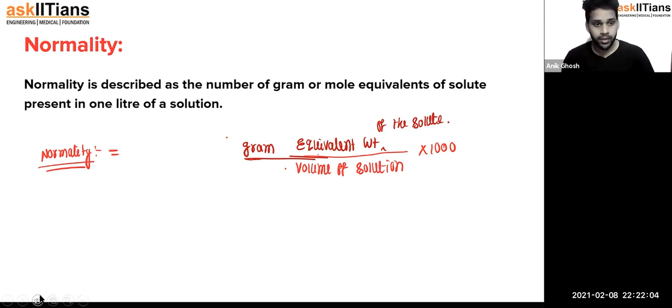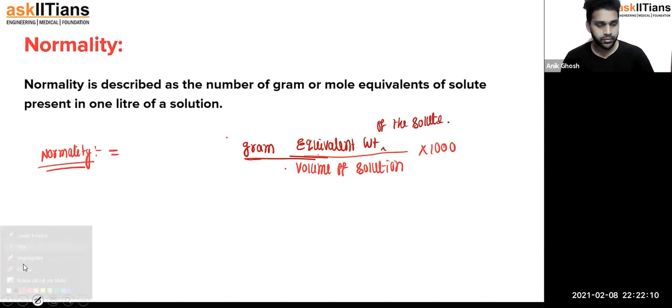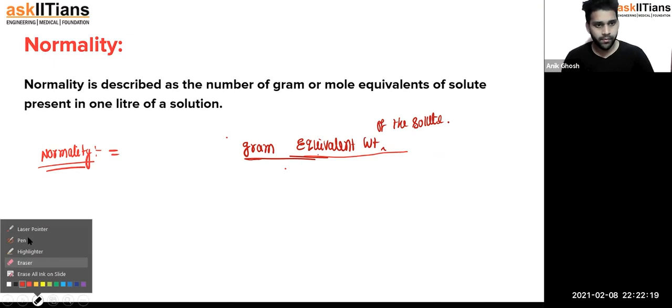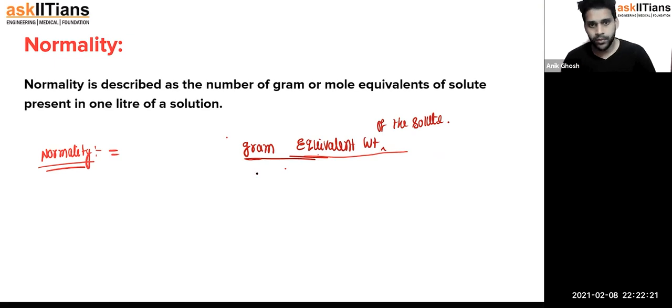Just modify the denominator part again, in 1 liter of solution.